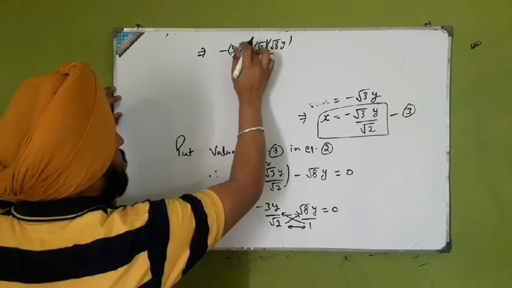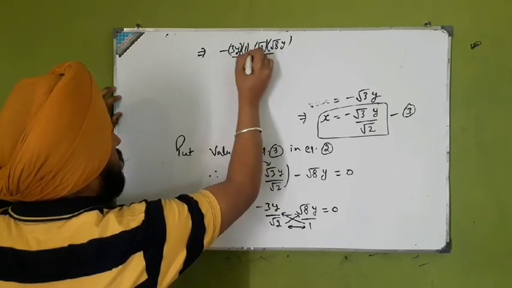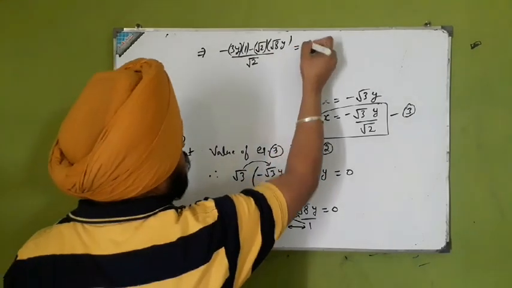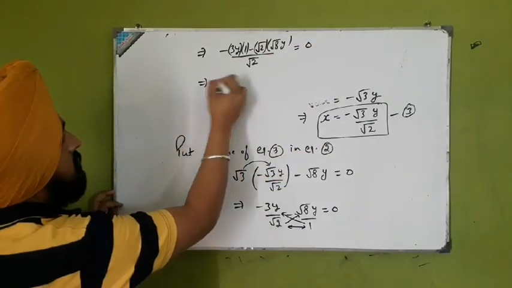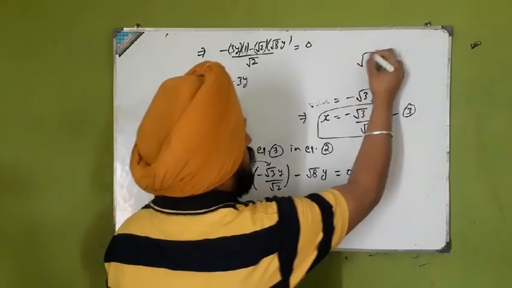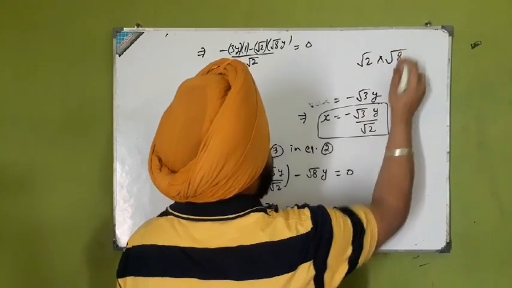Here the 0 is multiplied with root 2 as well, and it equals 0.